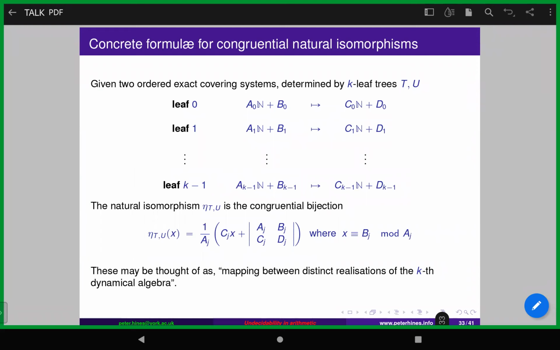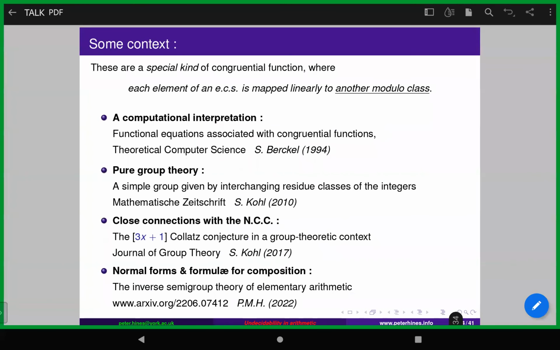Okay, we have congruential functions. Alternatively, they're mappings between realizations of the dynamical algebra, or they map the results of one generalized conjunction to another by conjugation. So we get a special form of congruential function. Each element of an exact covering system is mapped to another modulo class.